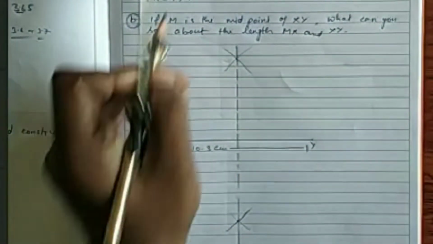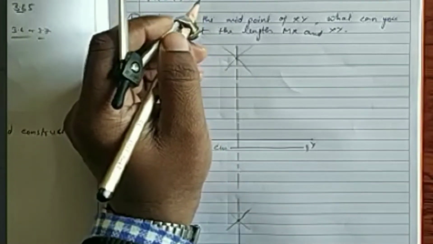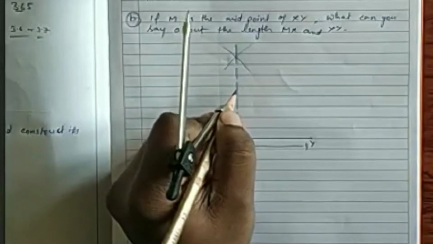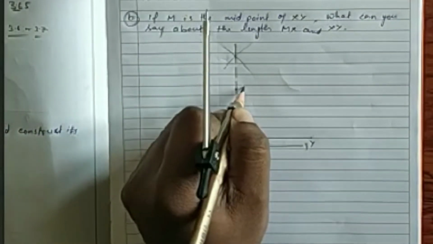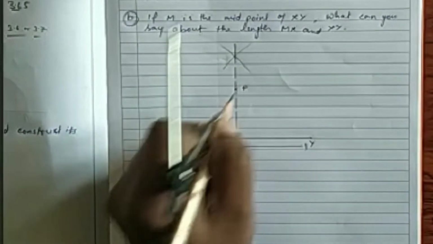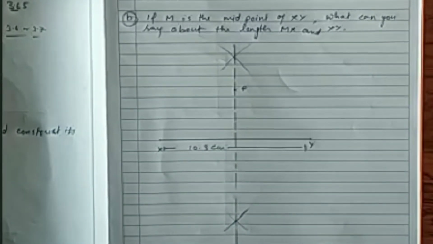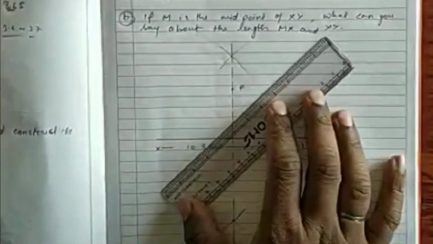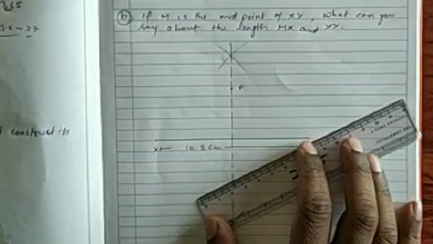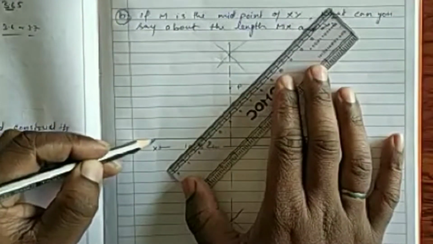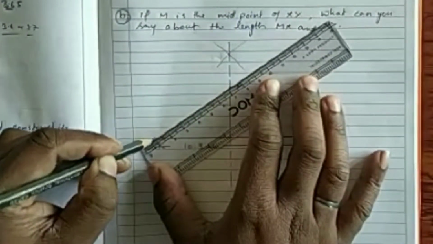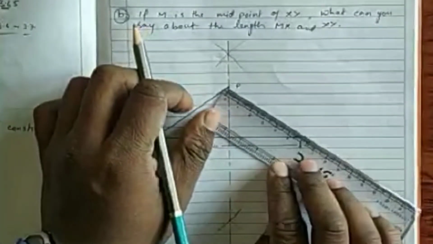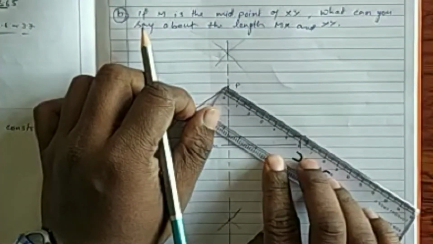Now it is saying take any point P on the bisector drawn. Any point P, anywhere you will make a point P. So I am going to take this point as P. Examine Px and Py. You have to draw this line like this, Px and Py.